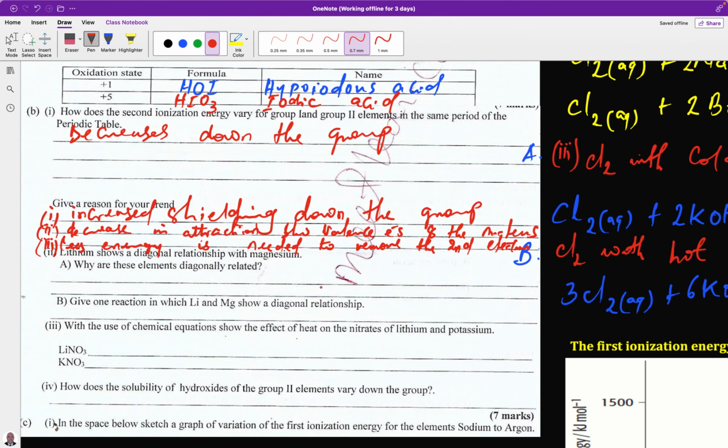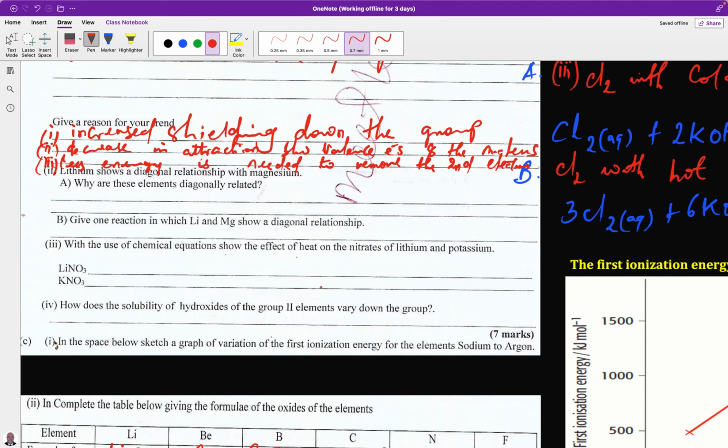The reason is that increased shielding down the group leads to a decrease in attraction between the valence electron and the nucleus. For that purpose, less energy is needed to remove the second electron. Now, the diagonal relationship: one element belongs to period 2 and the other belongs to period 3.